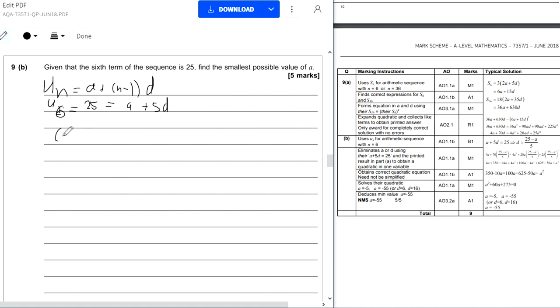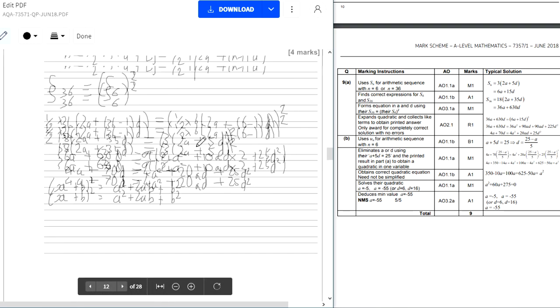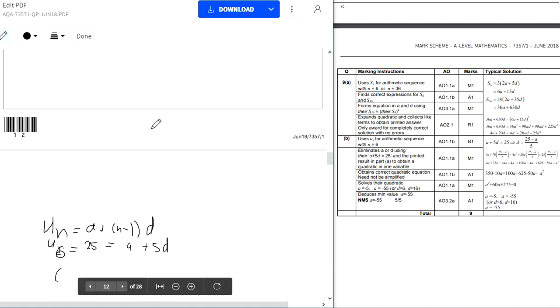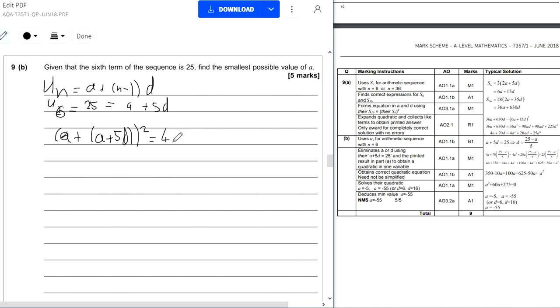So we know that (2a plus 5d) squared is the entirety of this right side. So what we can say is that (a plus 5d) squared is equal to 4a squared plus 20ad plus, I think it was, 25d squared.